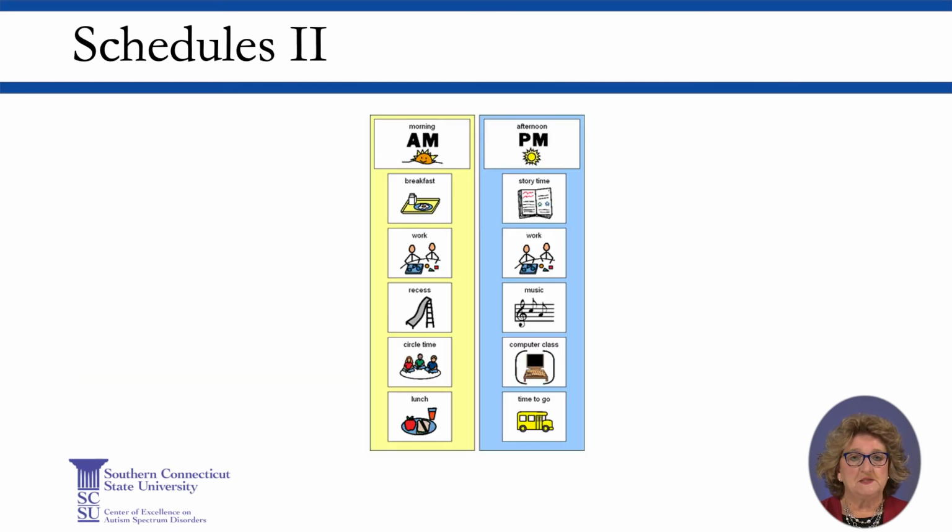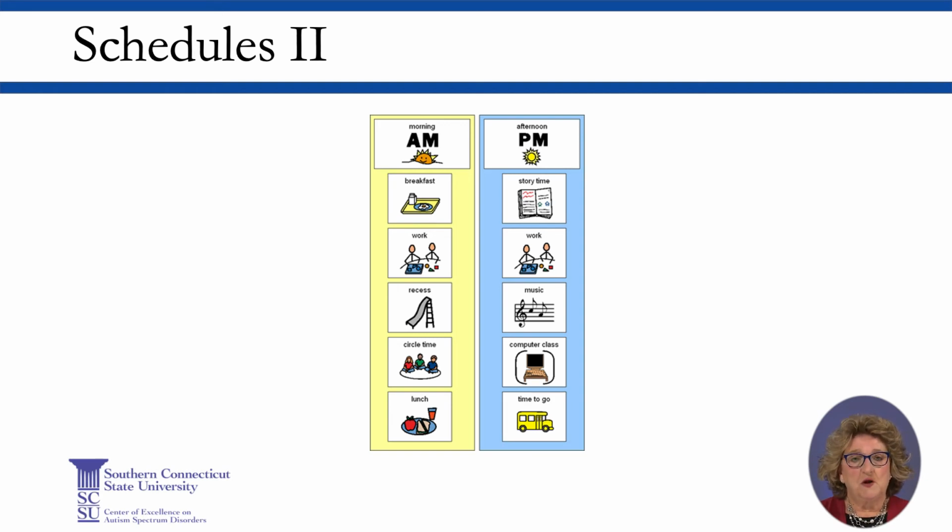Another example of a schedule, the AM and PM. I used something similar with a younger student who was very fixated on when the bus would be coming during the school day to pick him up to go home. Clearly, using this with him enabled him to see after morning's activities, after the afternoon activities, indeed the bus would be coming.